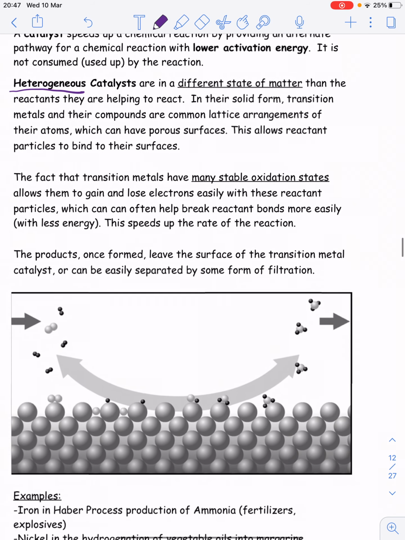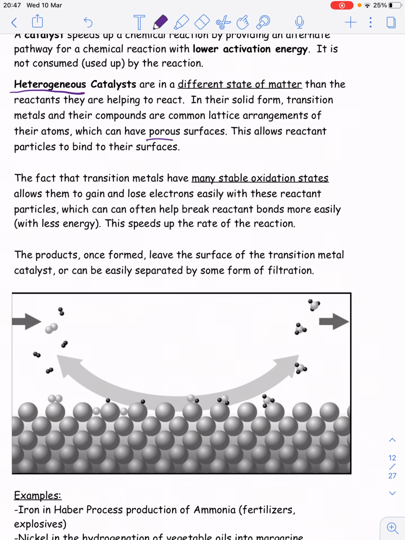So it does have to do with their surfaces. Metals have regular arrangements of atoms, which leaves spaces in between that can fit other particles. So one of the sort of explanations for why metals work well as catalysts is because they have a porous surface that can absorb reactants onto it.